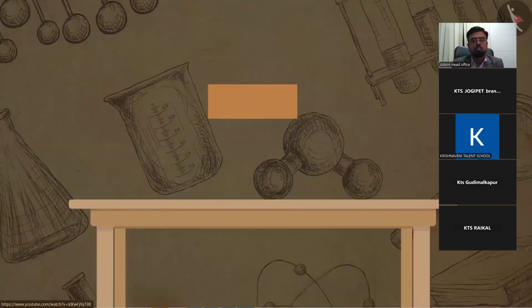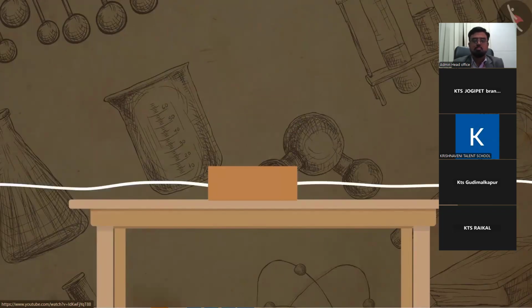Take a wooden block and place it on a table. Let a constant force F be applied on the wooden block. Let the wooden block displace through a distance S in the direction of force.